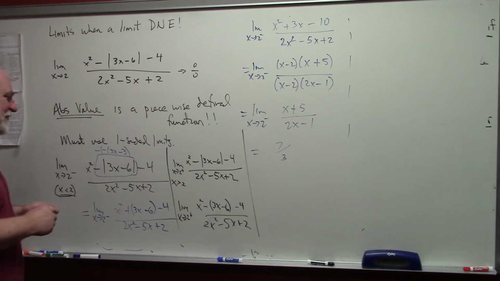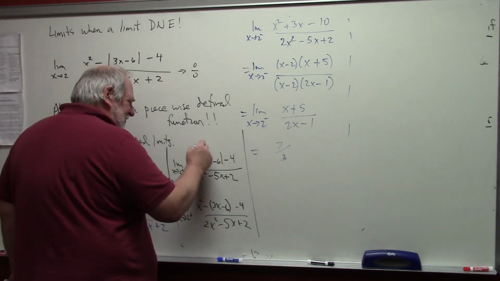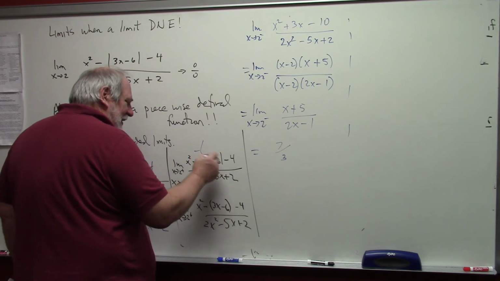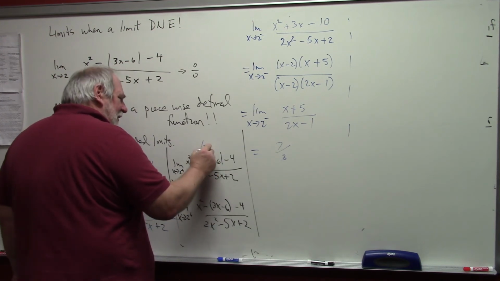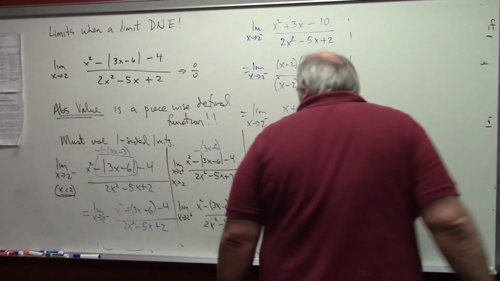Okay, the absolute value is just what's on the inside. So the negative stays, and this absolute value, we get rid of the absolute value because it's positive. And so therefore, this just becomes a negative of 3x minus 6.